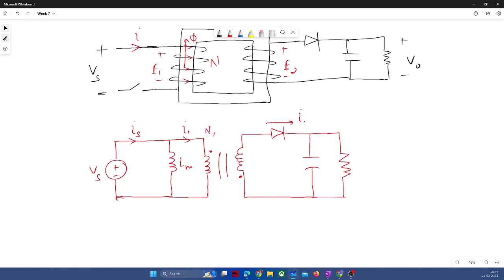So you can expect the relationship between output and input to be similar to the buck-boost, just that the number of turns will come in. So this is your IR, and now, okay, I forgot to connect the switch.